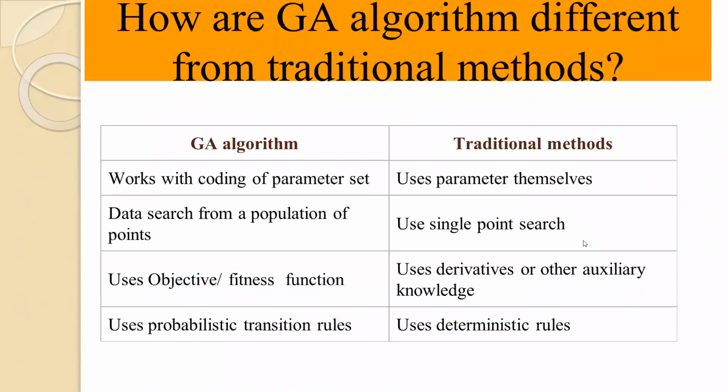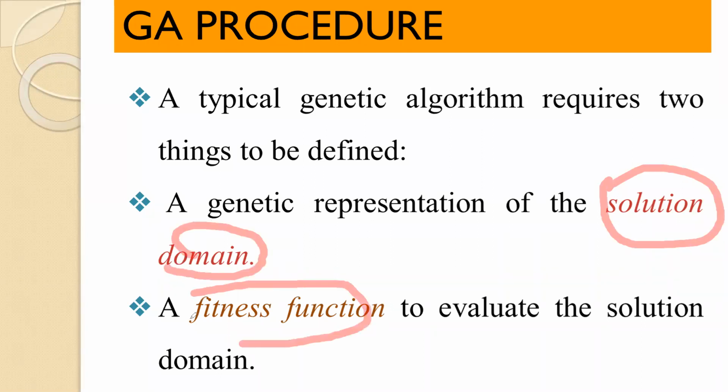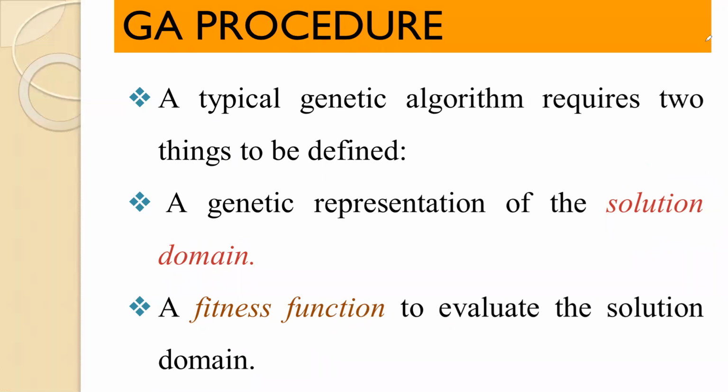So what are the typical stages in this genetic algorithm? The typical stages are the solution based domain and the fitness based domain. This genetic algorithm initially catches the solution domain and the fitness function, to evaluate the parameters which are able to be optimized.